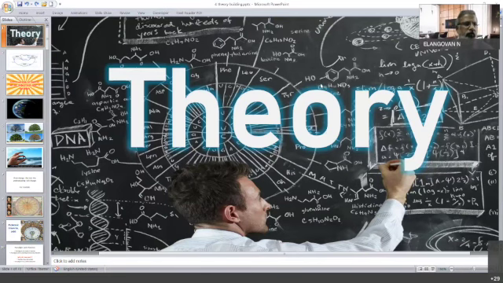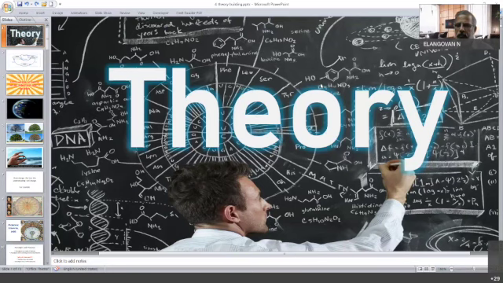Today we will understand what a theory is, how a theory looks, what the components of a theory are, how we develop a theory, how we test a theory, and in different types of research like quantitative research, qualitative research, or mixed method research, where the theory comes in.